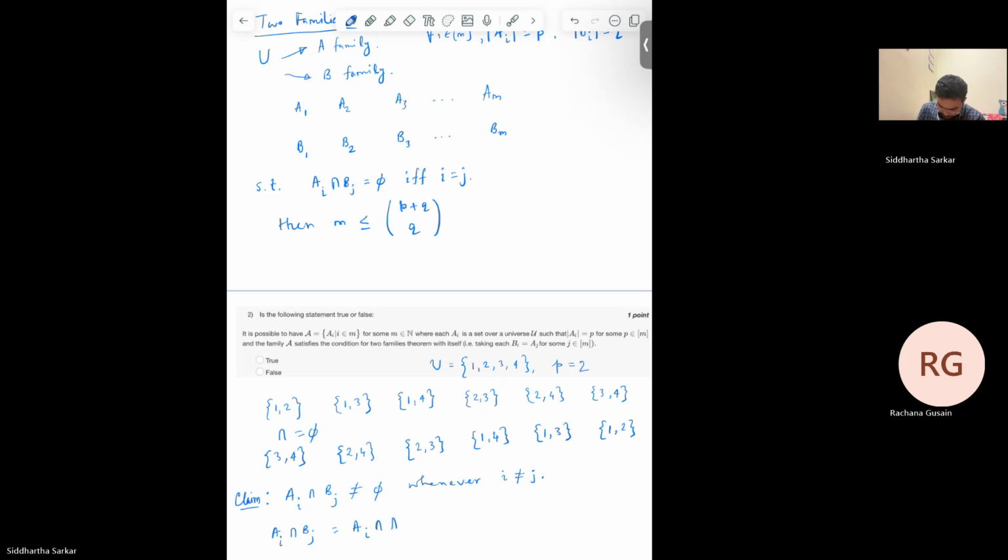Let me write it down. So how does it look? Maybe it can happen that Ai and Aj are disjoint. In that case, Ai intersection Aj complement will be Ai. But it can happen that Ai and Aj have some overlap.